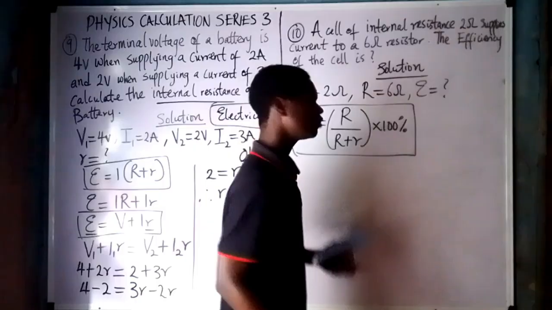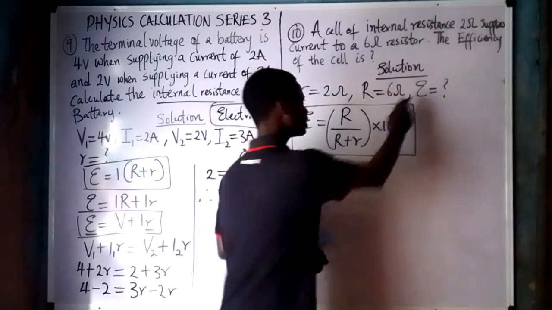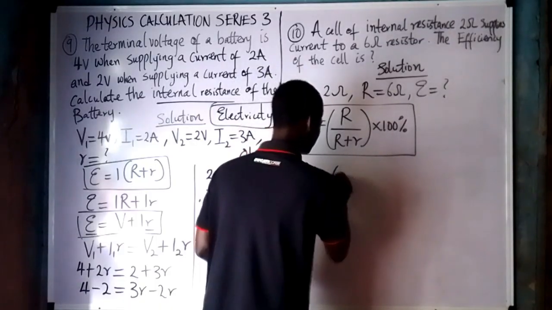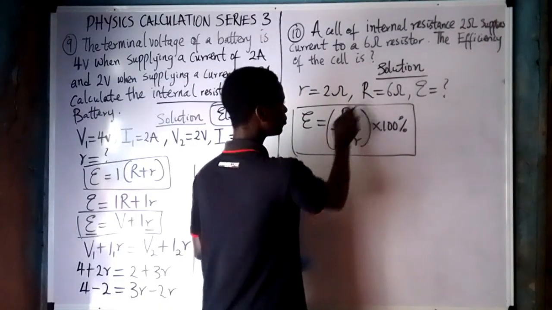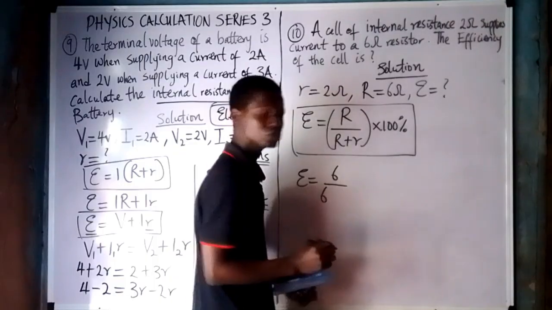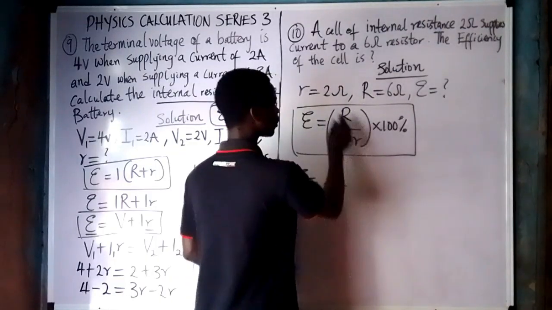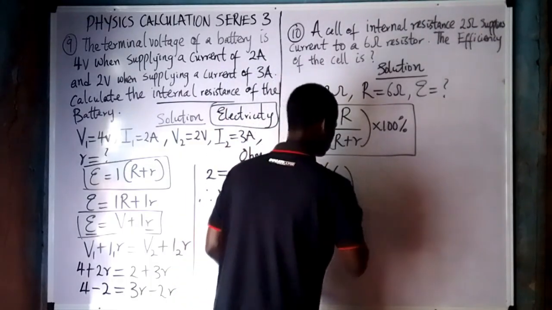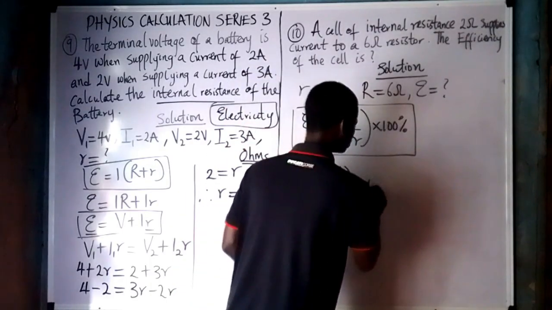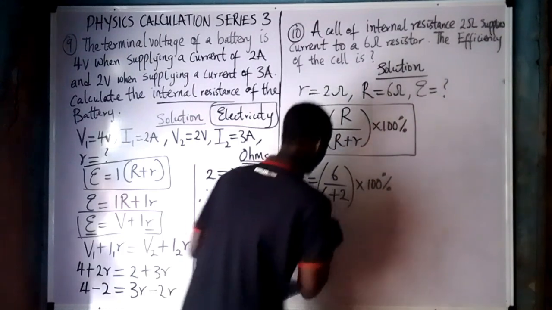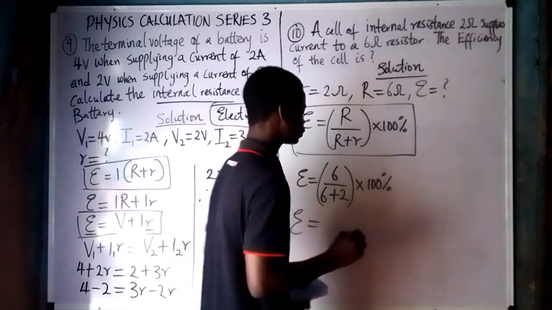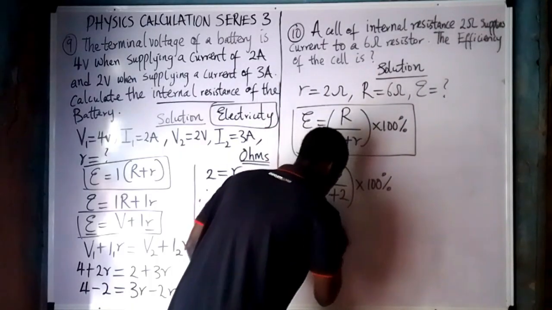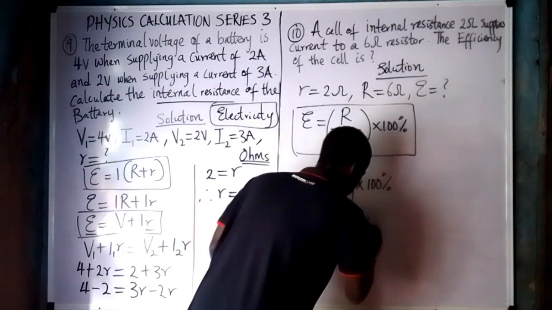Okay? So let's do this now. Now we know the formula to use. Let's continue. We will now say our efficiency is equal to, what is our big R? It's 6 over, what is our big R again, following the formula? Also 6. Then what is our small r? Our small r is 2. So guys, this is what we have. We'll keep it in brackets so we won't mix it up, times 100%. We are making progress. We'll now say E is equal to 6 over 6 plus 2, which is 8. So we say 6 over 8 times 100%.